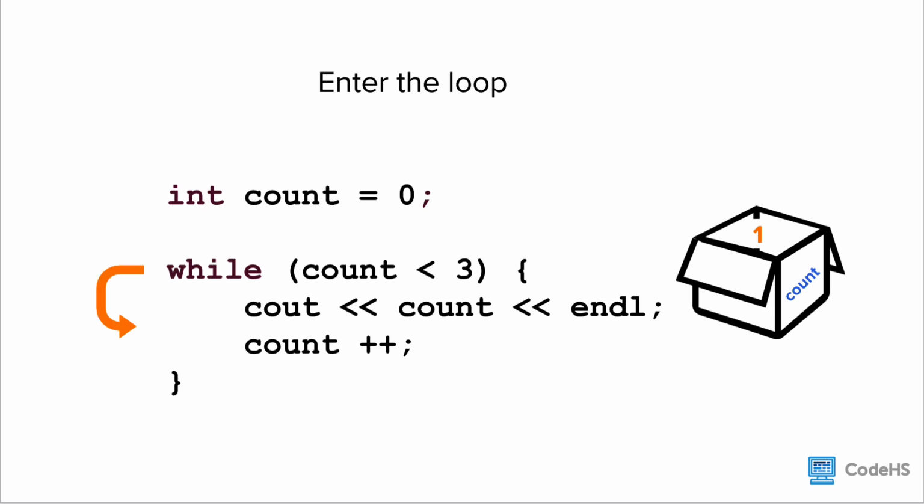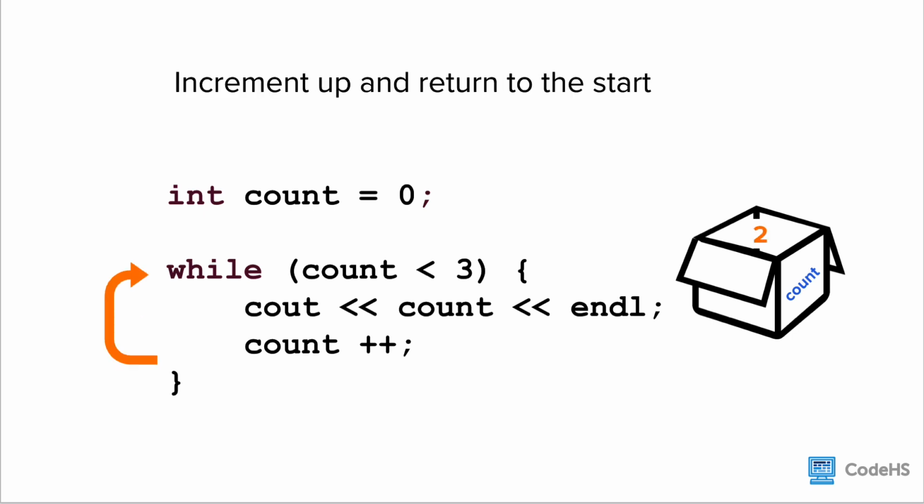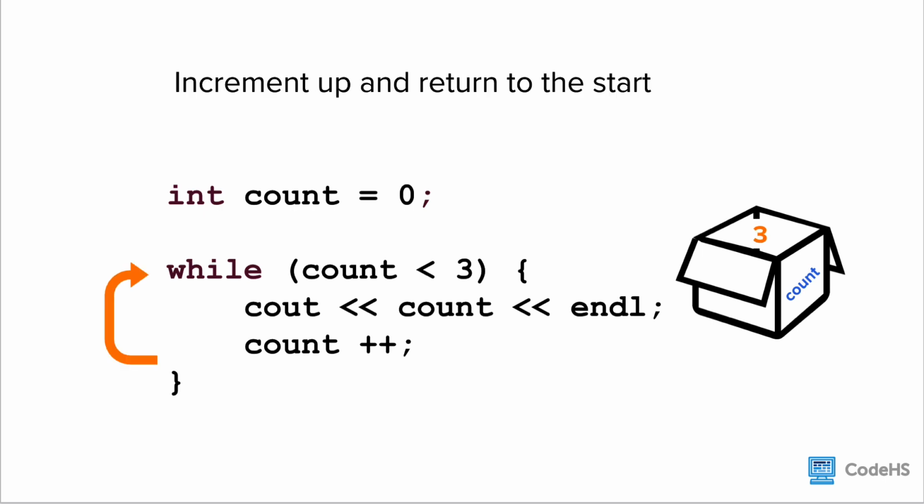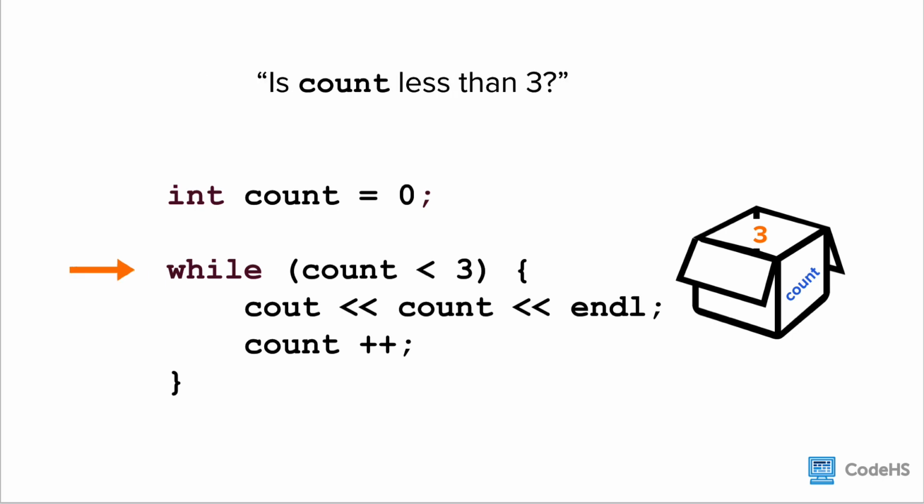Count is printed out, and then count is incremented up and returns to the condition. Count is now 2, again less than 3, so we enter the loop one more time, and then it prints out the value. And then after incrementing up, it returns back to the condition statement.